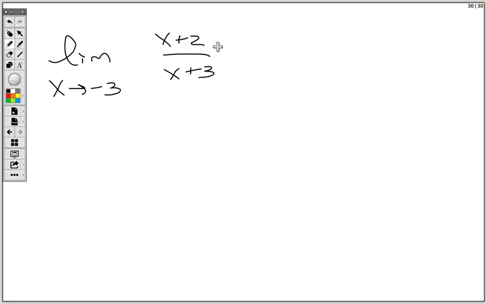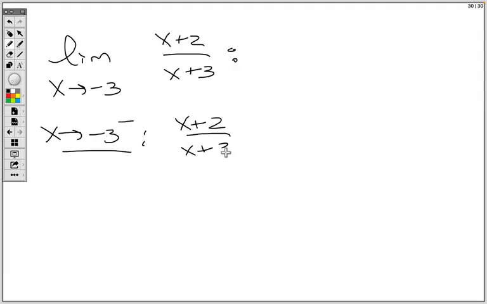So if we come into negative 3 from the left, well, negative 3 plus 2, that's going to be roughly a negative 1 in the numerator. And in the denominator, we're plugging in things a little less than negative 3, so like negative 3 point something.